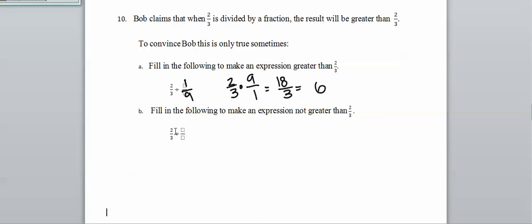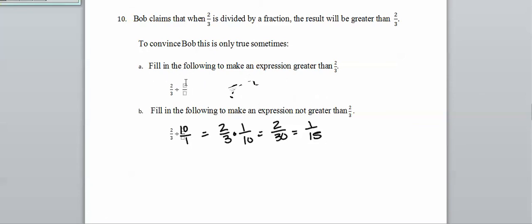Down here, if you would divide by any whole number or a number bigger, you're going to get 2/3 times 1/10, which is 2 over 30, or 1/15, which is smaller than 2/3. So when you divide by a whole number, you get a smaller fraction. When you divide a fraction by a fraction, you usually get a bigger number, but always check your work.